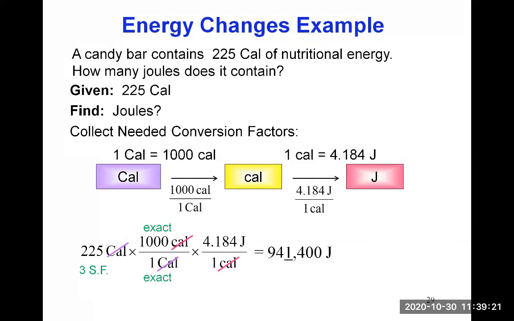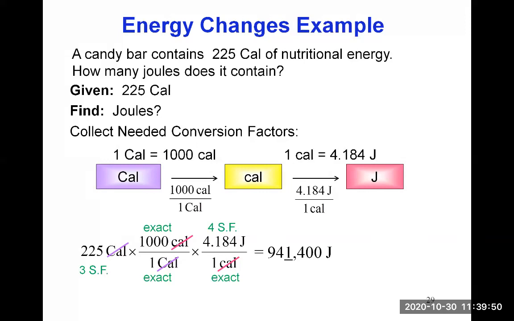These are by definition, so they will not limit the number of sig figs. The 4.184 has 4 sig figs because that's a measurement, given exactly 1 calorie. We have measured this in joules, and that's a measurement with 4 significant figures. So we need to keep 3 significant figures, the least number of significant figures here.